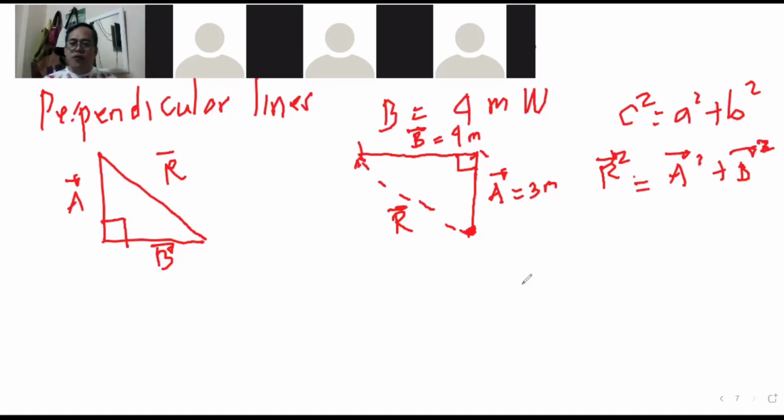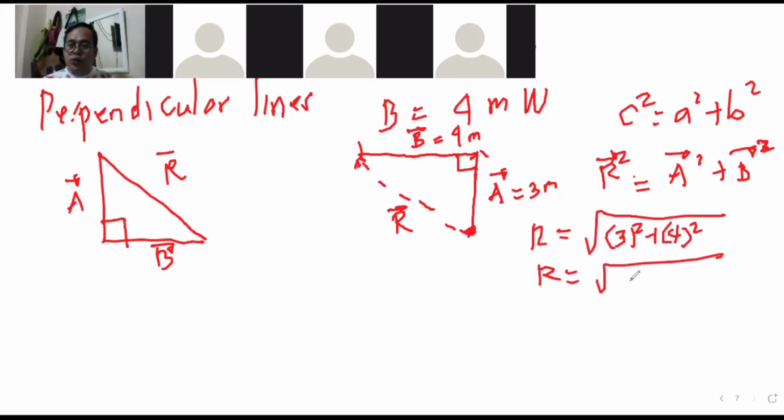Therefore, the resultant vector R will be equal to the square root of 3 squared plus 4 squared. That is 9 plus 16, which is 25, and the square root of 25 is 5.